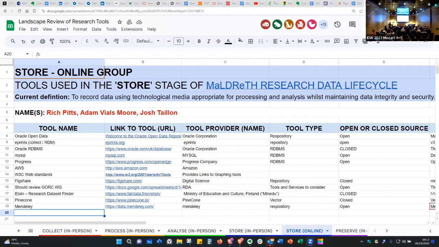Yeah, James. It's not a question for the online group, but when we're looking at storage, most of the actual hardware providers will have software layers on top of it, which provide lots of tools. So I think if we're missing out the underlying hardware and the tools, then we have a very partial picture of what we have in storage.